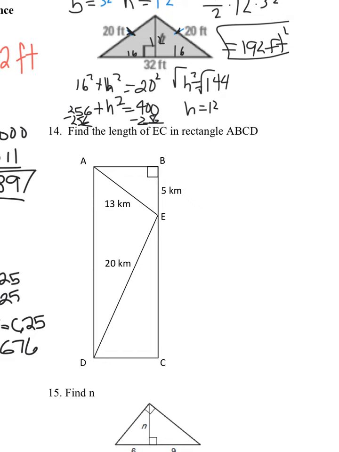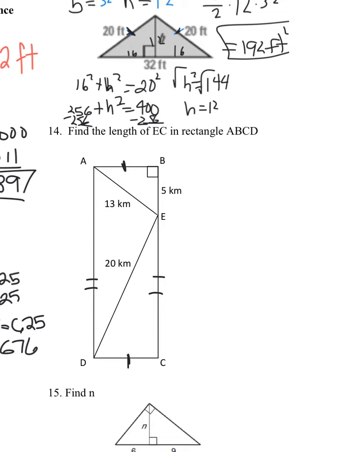Find the length of EC, number 14. So a couple things. This is a rectangle. Don't forget that means AB and DC are equal, AD and BC are equal. So what we're basically going to have to do here is Pythagorean theorem twice.